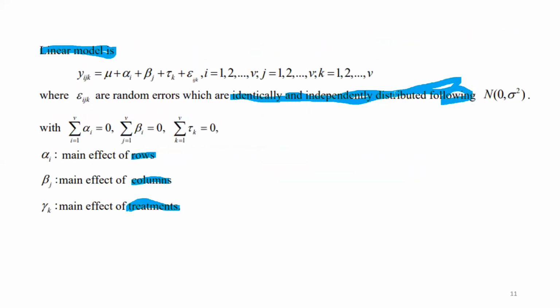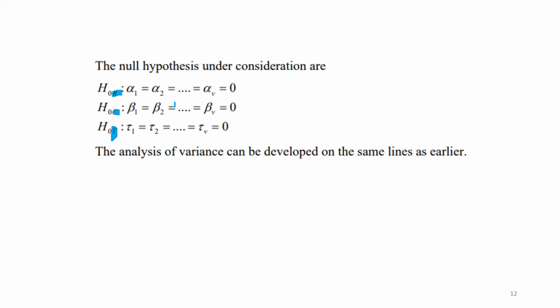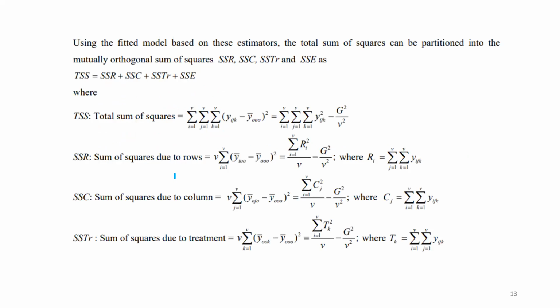If we have rejected the null hypothesis of columns, that represents an effect of column, meaning there are differences between car types. If we have rejected the null hypothesis of treatment and taken the alternative one, that says there is a difference in mileage efficiency among the 4 types of petrol. So that is what we can say.